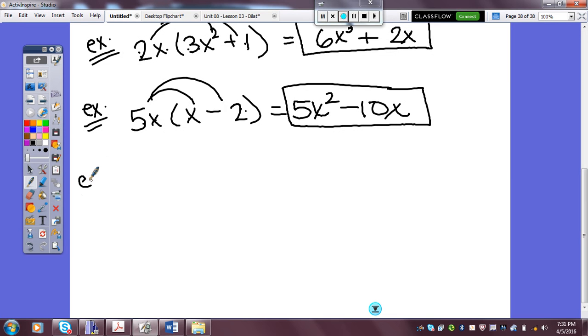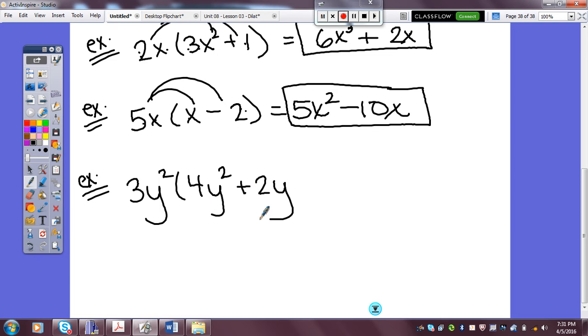Try this one. 3y squared times 4y squared plus 2y minus 6. How am I going to solve this problem? I'm going to distribute. So I distribute 3y squared times 4y squared. 3 and 4 make 12. y squared and y squared make y to the 4th.